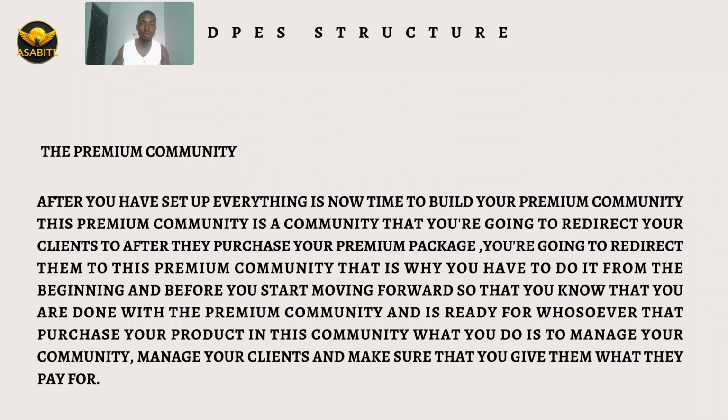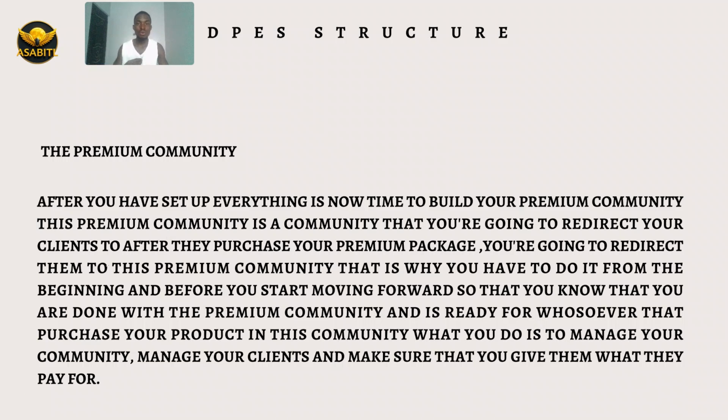So what you do is you create a premium community, create one WhatsApp group or a Telegram group that you're going to use to nurture your clients. You understand? This community, you use it to welcome those people that pay for advanced training.